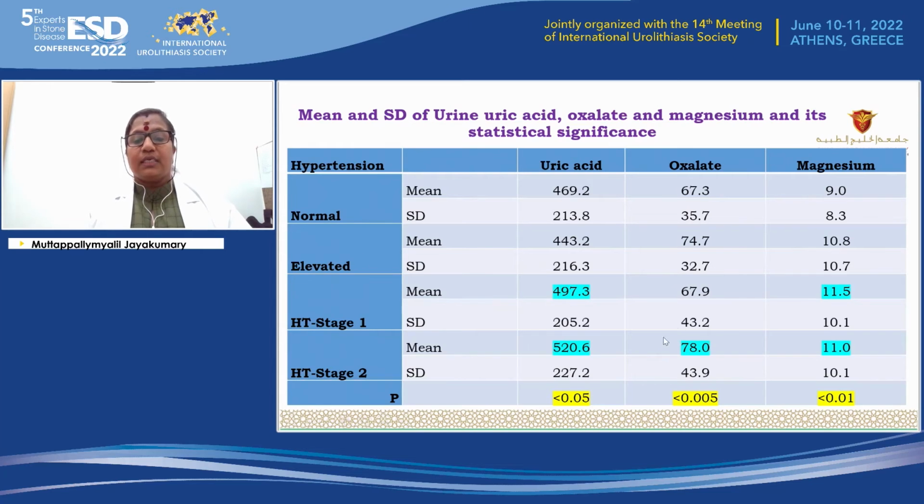With regard to oxalate also, in the stage 2 level the mean value was higher, which was statistically significant. Magnesium in stage 1 and stage 2 hypertension showed a statistically different level.